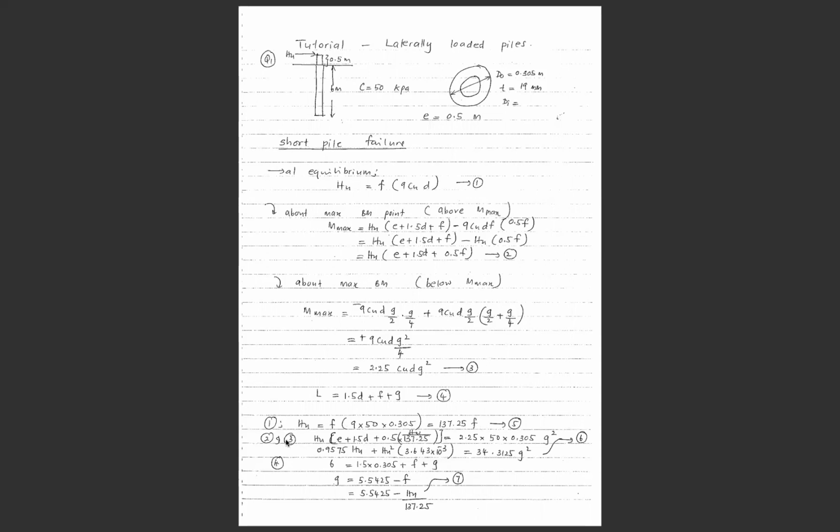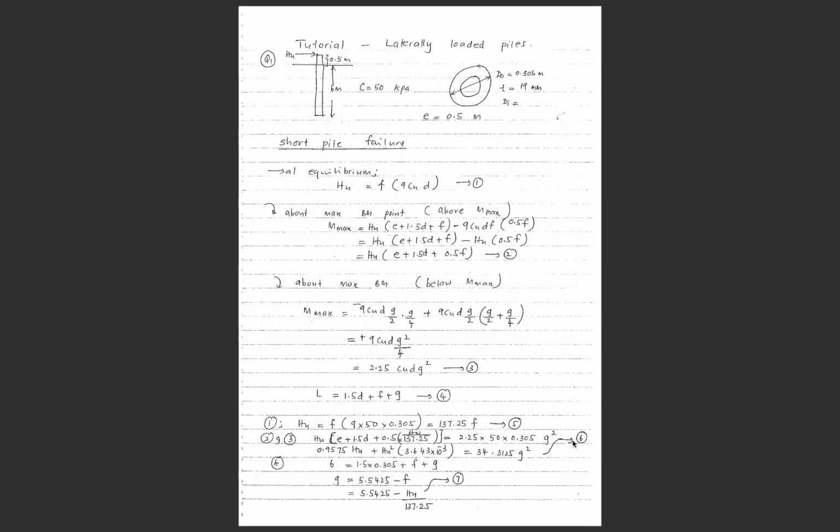If we combine equation number 2 and 3, the ones coming from the sum of moments on the system, after substituting the value of F from equation number 5, as 1/3 HU divided by 137.25, we get a new equation. We call this equation number 6.